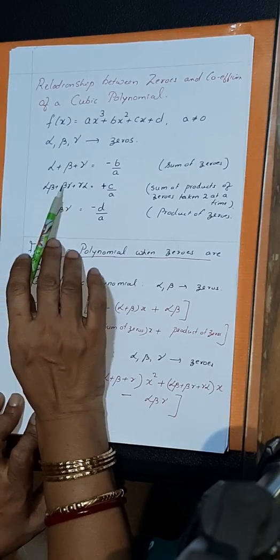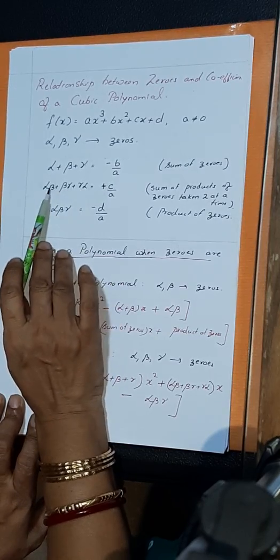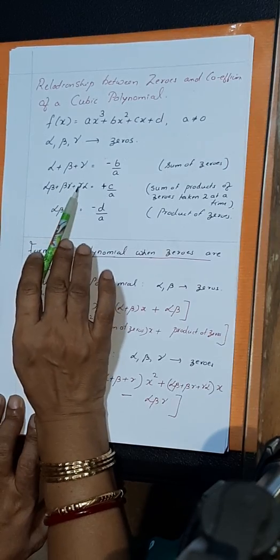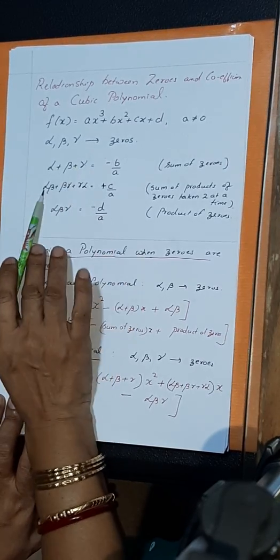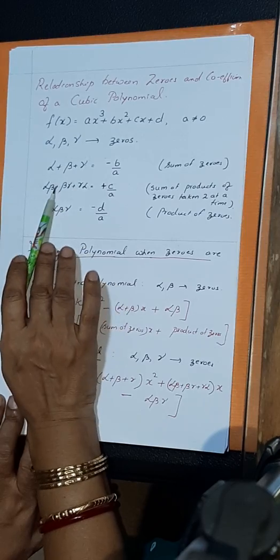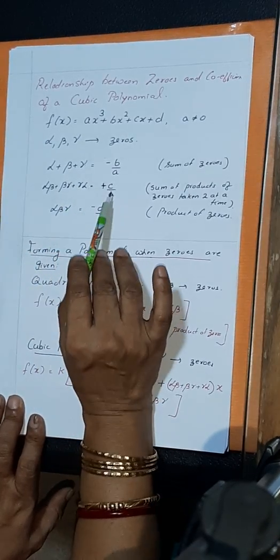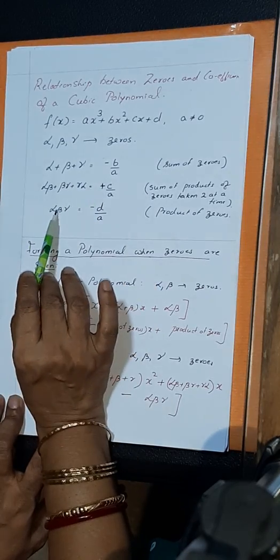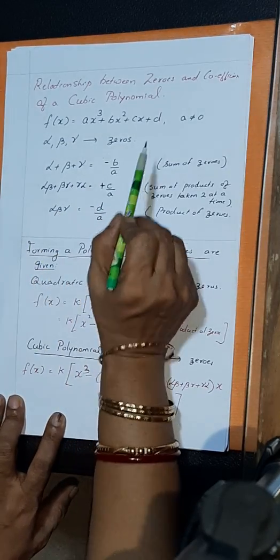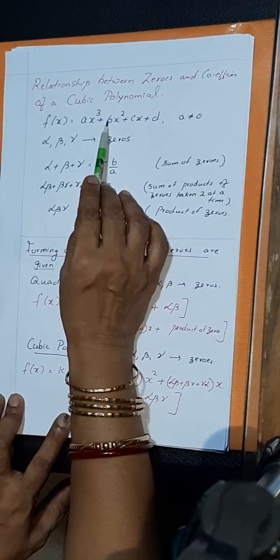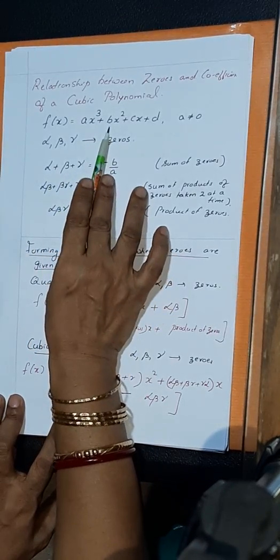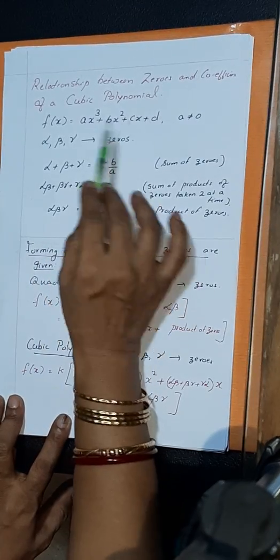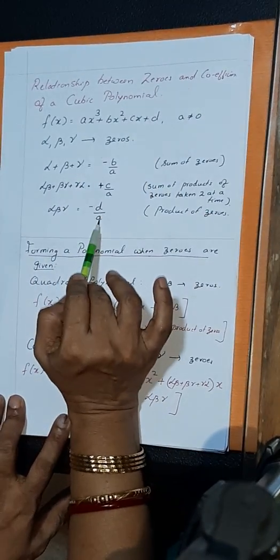So here the product of the zeros, taken 2 at a time, and then you have to sum them: alpha beta plus beta gamma plus gamma alpha. 2 zeros are taken at a time and the sum of that is equal to c by a, and then the product of the zeros, alpha beta gamma, is equal to minus d by a. So if you see, the sum is always minus b by a, then here it comes c by a, and then again this will become minus d by a.